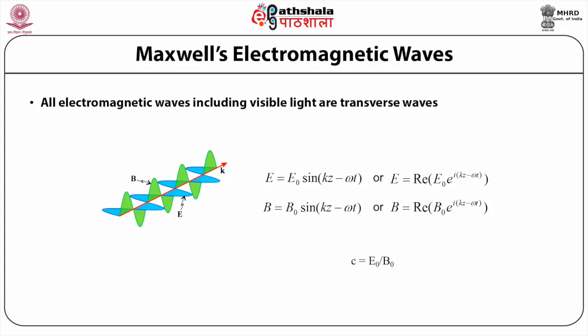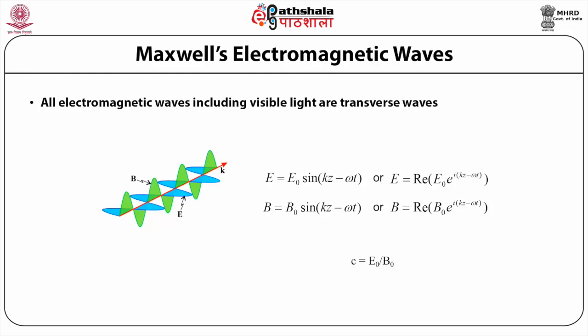The plane wave solutions of Maxwell's equations can be written as, for the electric field, E equals some amplitude E0 times a sinusoidal pattern, sine of kz minus omega t, where k is the magnitude of the propagation vector and omega is the angular frequency of the wave.